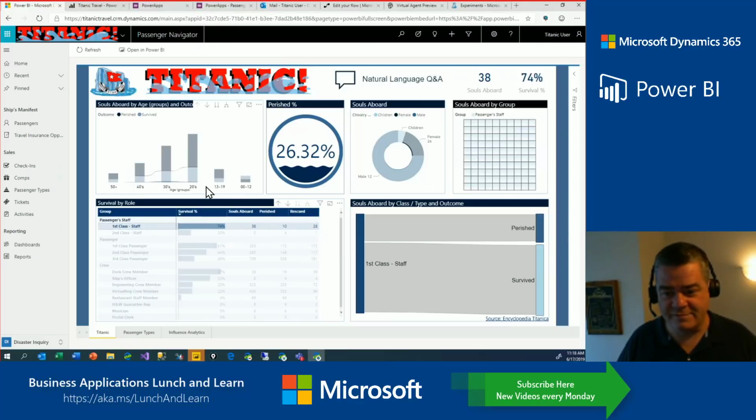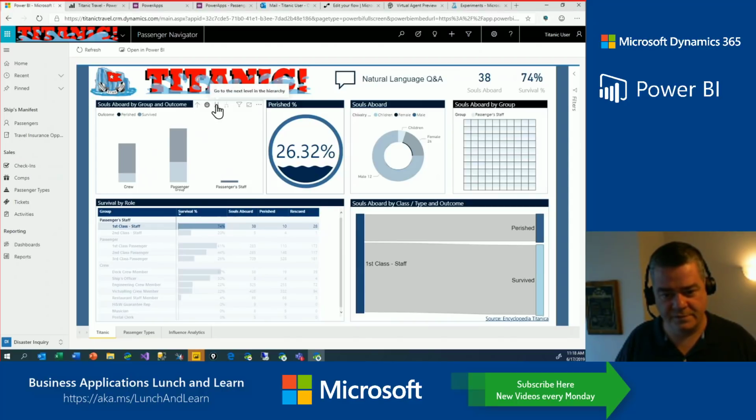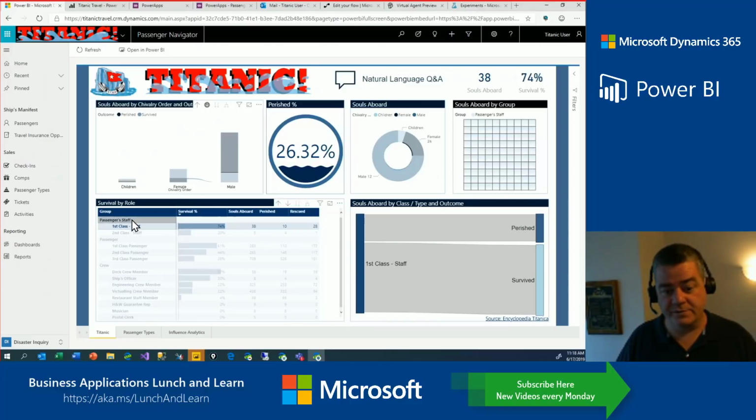And I think I can drill down one more layer and look at just within that group, there are females and males.